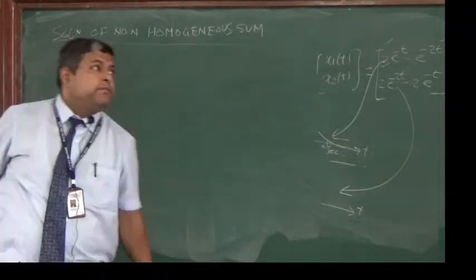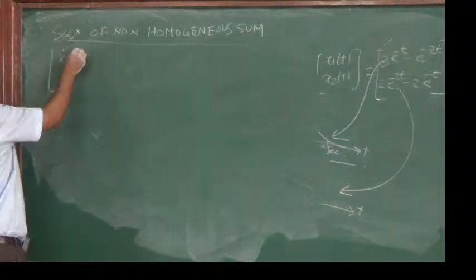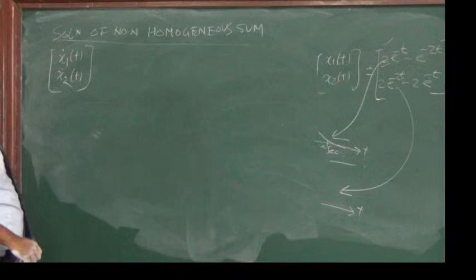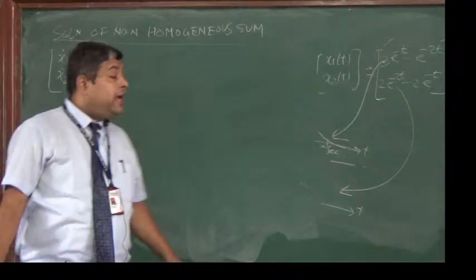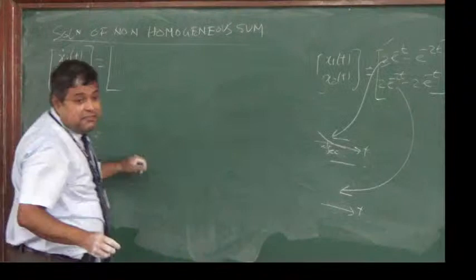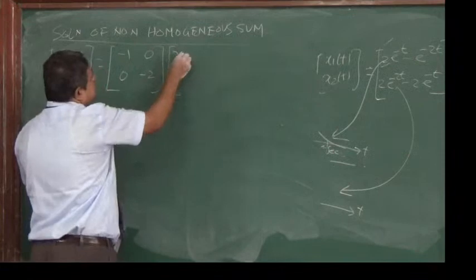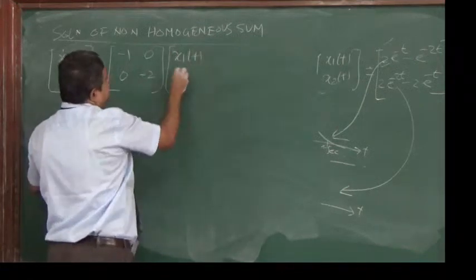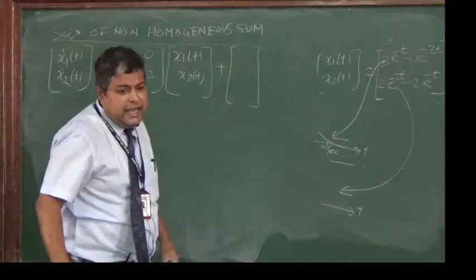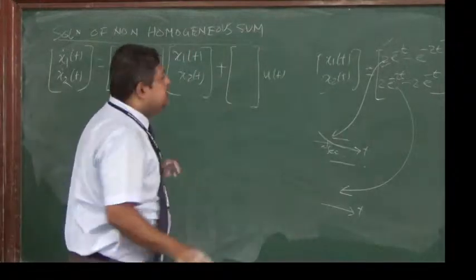Okay. Let us take this like this. Given x1(t) and x2(t) are two state variables. So x1 dot t, x2 dot t are given, and the system matrix is given as a diagonal matrix, minus 1, 0 and 0, minus 2, multiplied by x1(t), x2(t), plus the B matrix and u(t), and B is given as [1, 1].